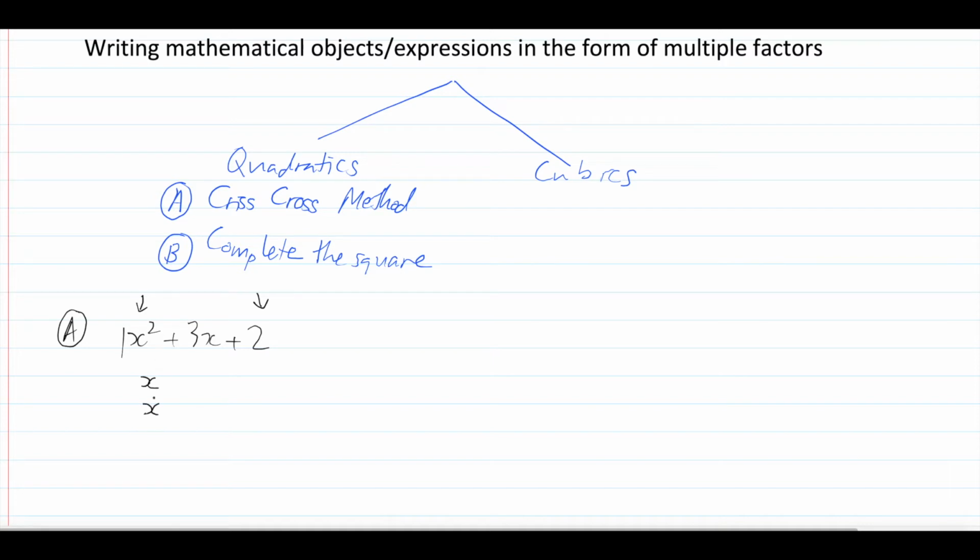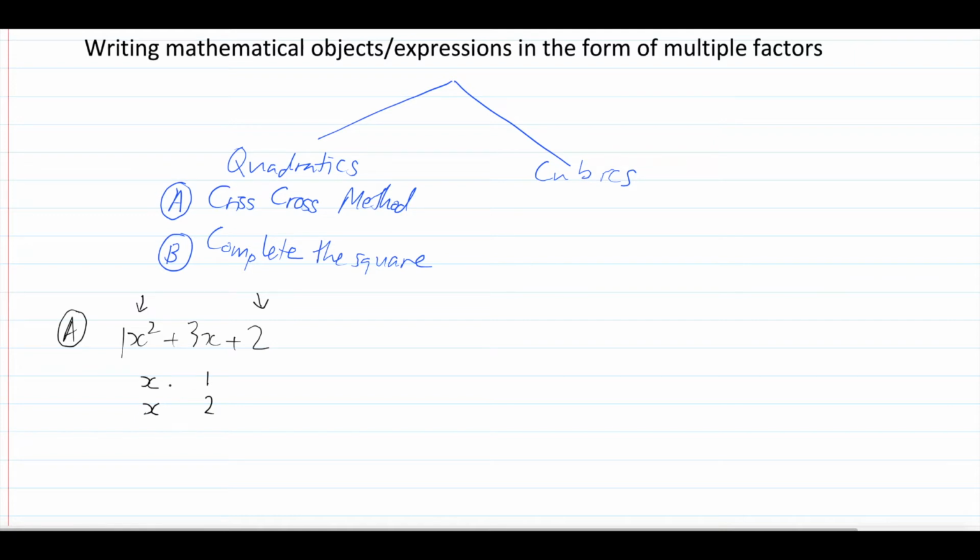You write it in this format, and then you look at the third term. What are the factors of 2? You can only get 1 times 2 to get 2. So you put them in order, either 1, 2 or 2, 1. You need to play around with it.